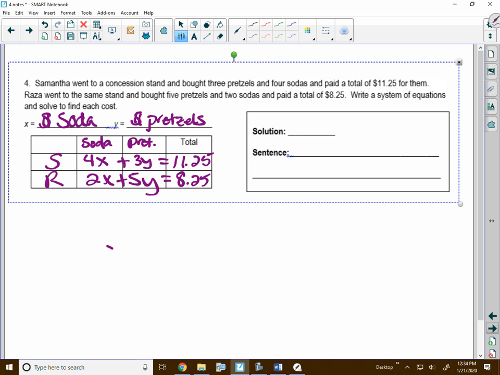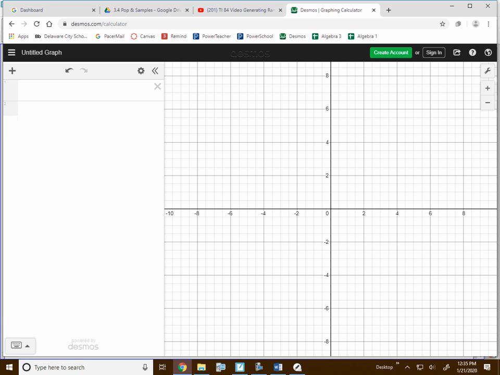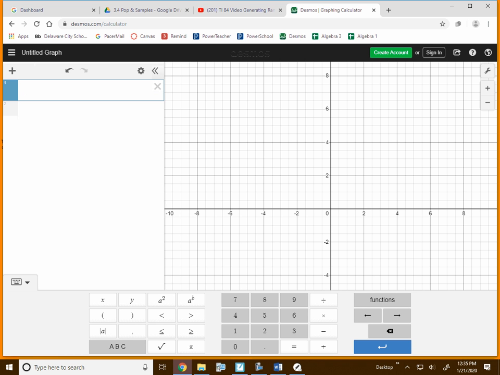Everybody okay with that? Okay, I'm going to put it into Desmos here. This one I do not remember, so you're going to have to tell me. Want to review the first one? 11.25?